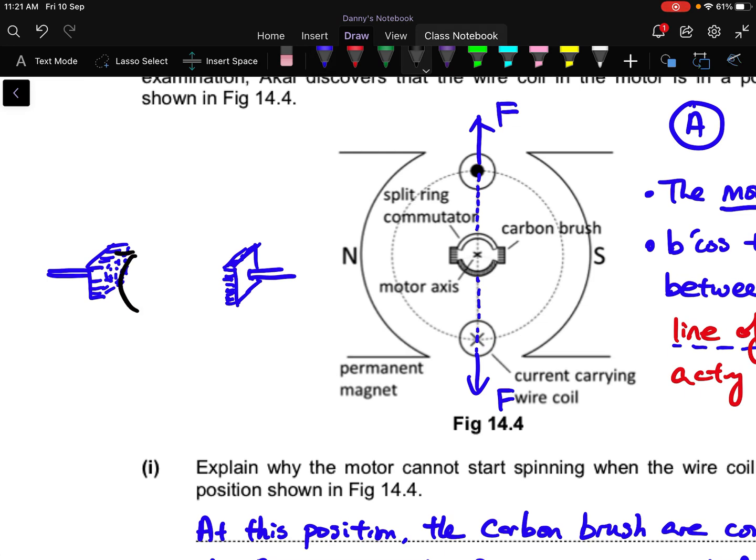Then this connects to the rest of the circuit. This is the brush on one side. So now you have something like this.